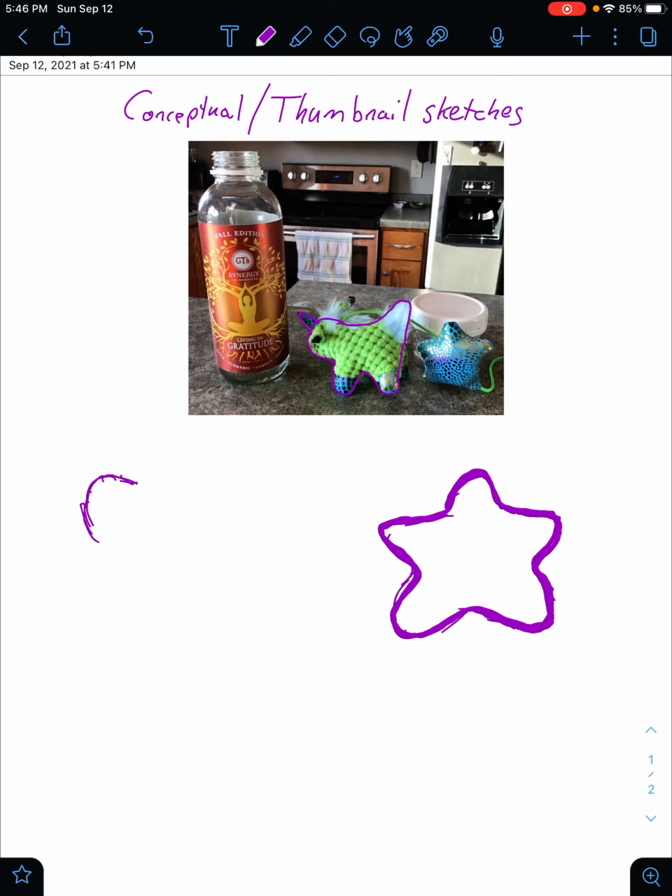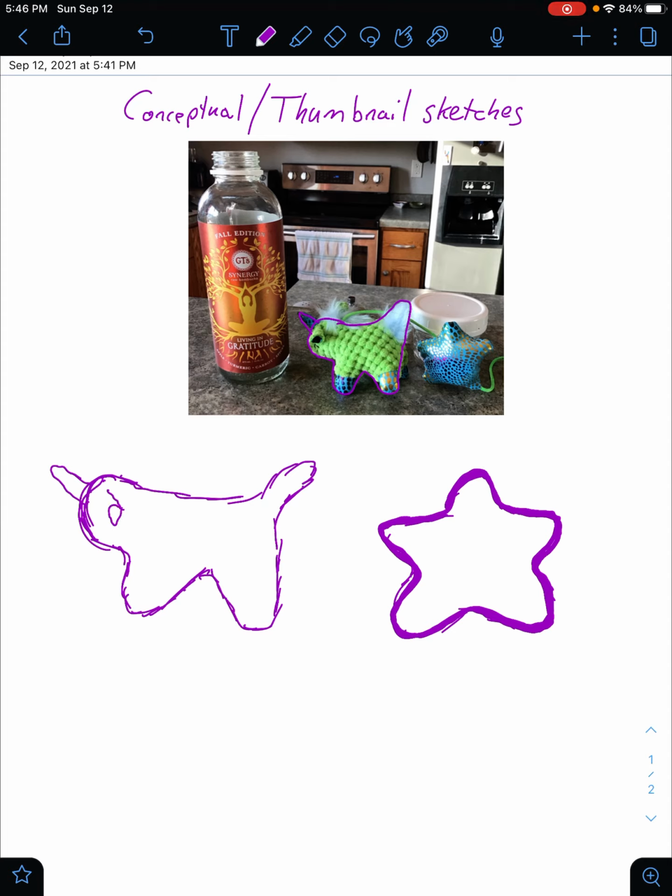I've got the head, the first leg, the second leg, the tail, boom, and then a horn.